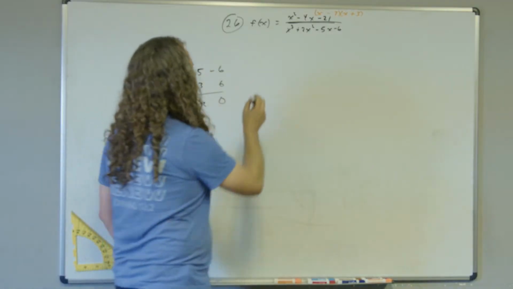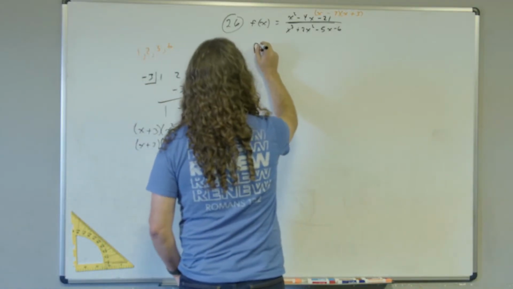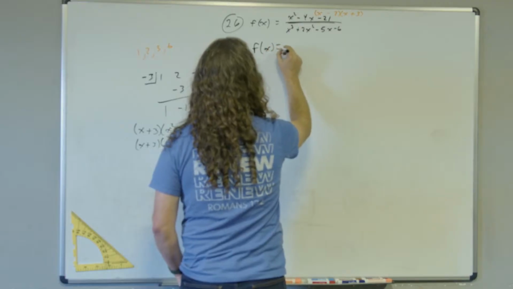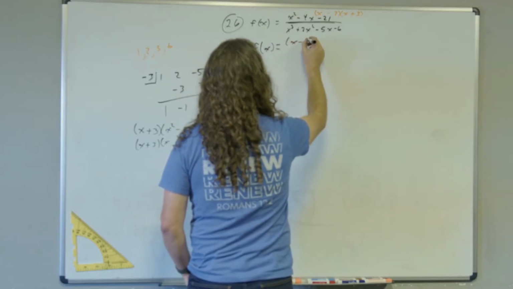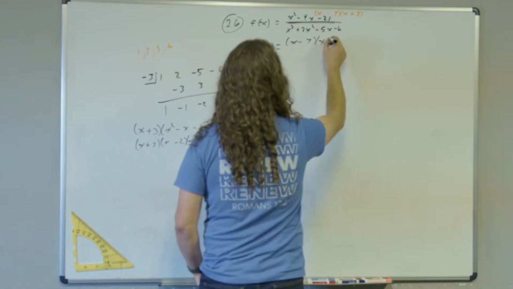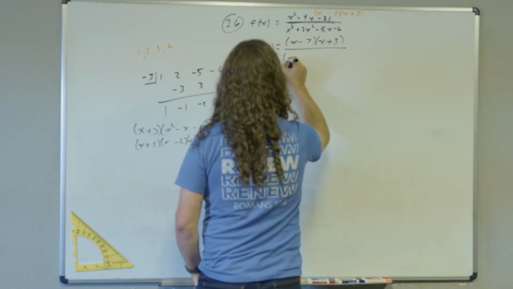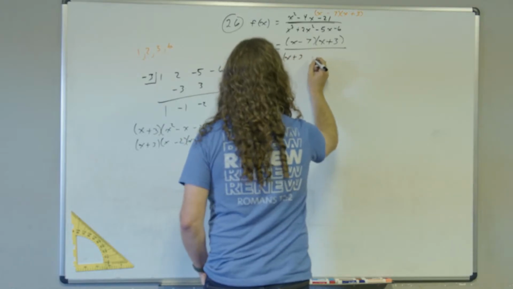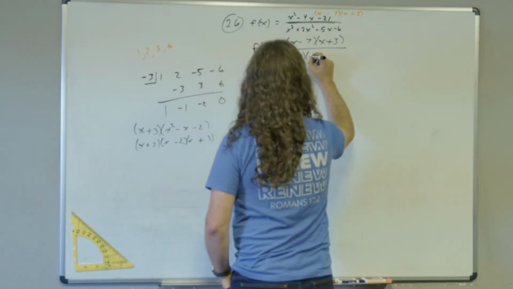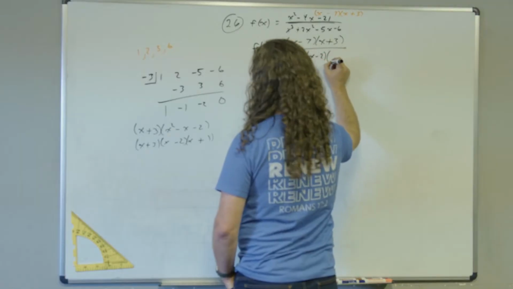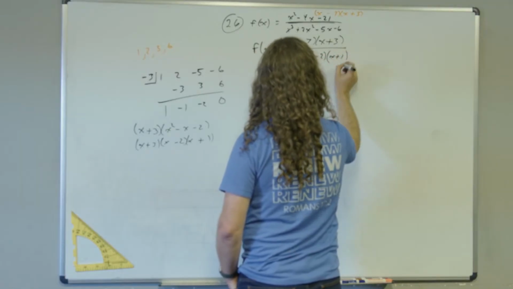So now we have the factored version. f of x equals x minus 7 times x plus 3 over x plus 3 times x minus 2 times x plus 1.